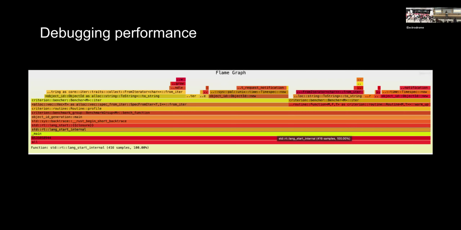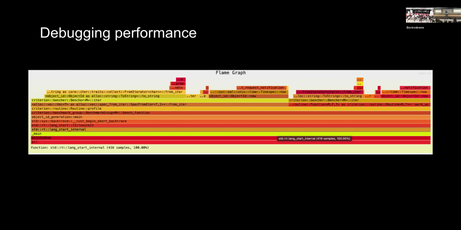The other thing that Criterion gives us is this thing called a flame graph that makes it really easy to find areas for improvement. And this was how I found one of the optimizations, which was that getting the time was taking a lot of time. And so reading flame graphs initially can seem quite confusing.